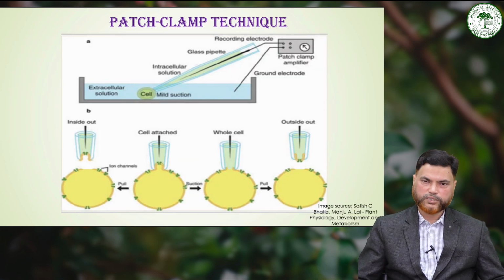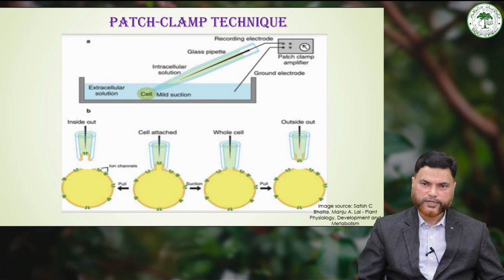Now, there is a very important technique which helps to identify these ion channels, particularly in guard cells, and reveals their crucial role in regulating solute movement during the opening and closing of stomata. The patch clamp technique has helped to recognize that ion channels are present in all plant cells, located in both the plasma membrane and tonoplast.